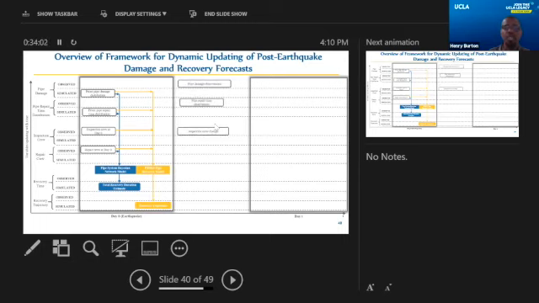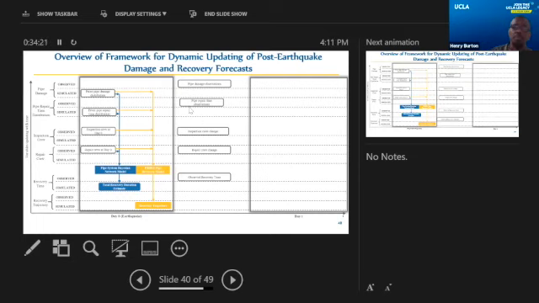So between day 0 and day t, we have some observations. Some of the pipes we simulated as damaged, we observed, and actually they're not damaged. Some of the pipes that we simulated as undamaged, maybe they were damaged. So we have some information that we can use to update our parameters.